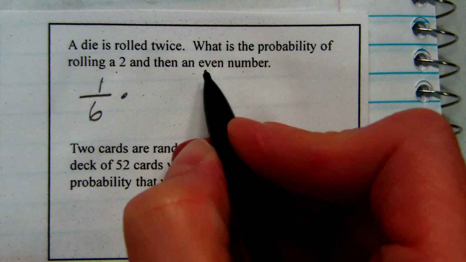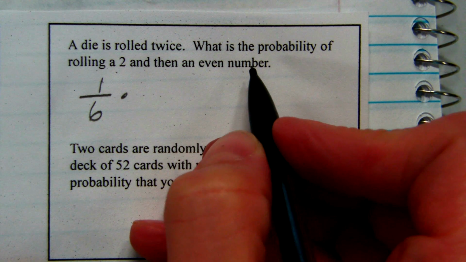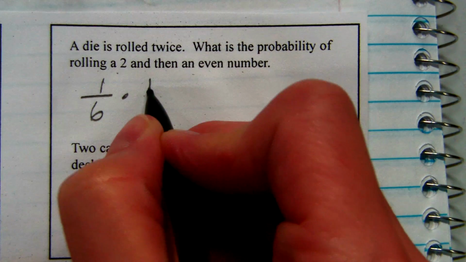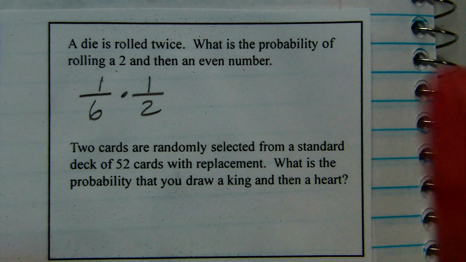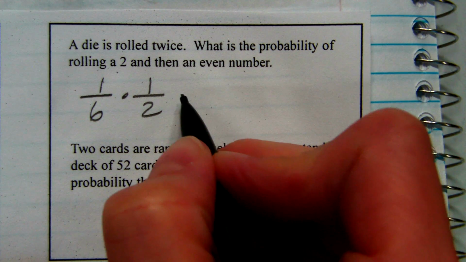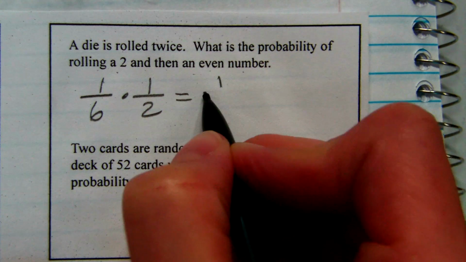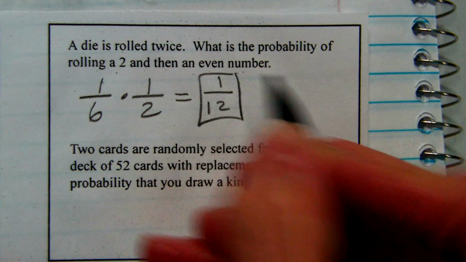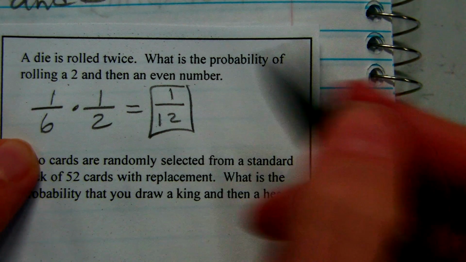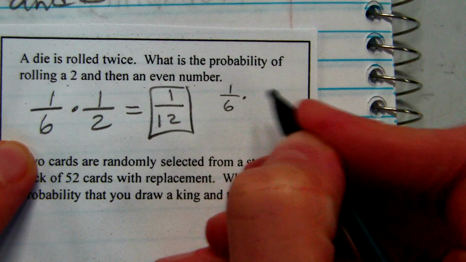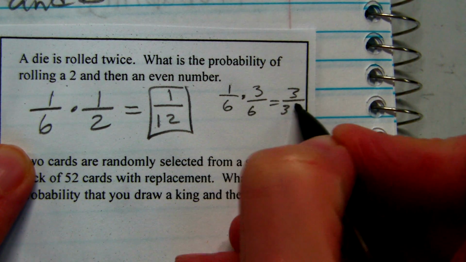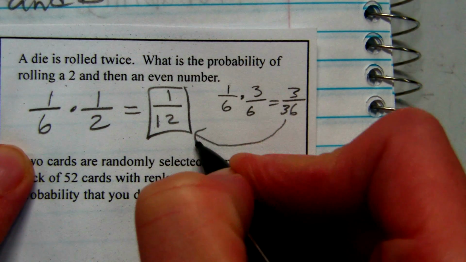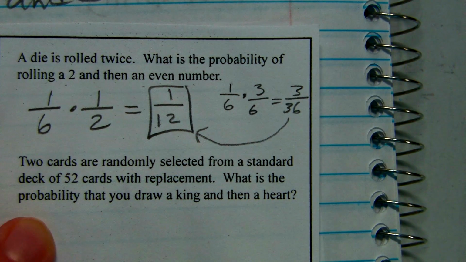What's the probability of getting an even number? 1/2, or you could do 3/6, but you could just go, okay, half the numbers are even, so you could go ahead and reduce that. And so then if we multiply, we get 1/12. So if you weren't thinking 1/2, you could have also done 1/6, and then there's 3 even numbers. You could have done 3/6, got 3/36, and it would still reduce to 1/12. So no harm done if you did it that way.